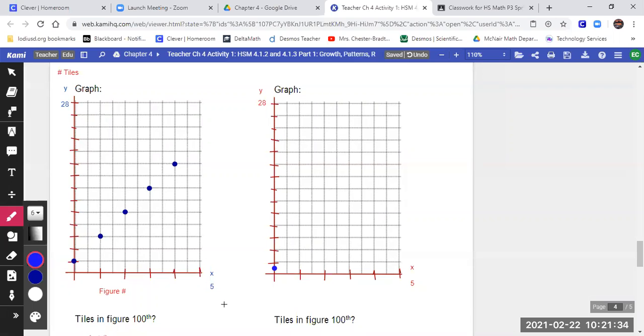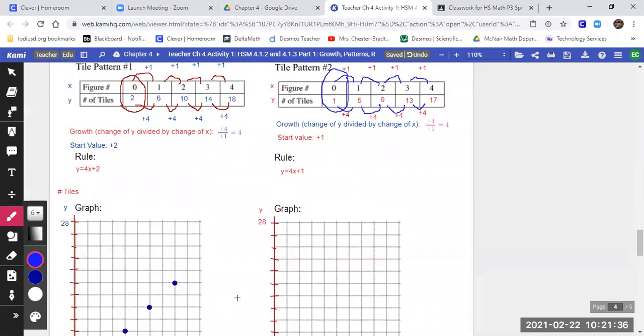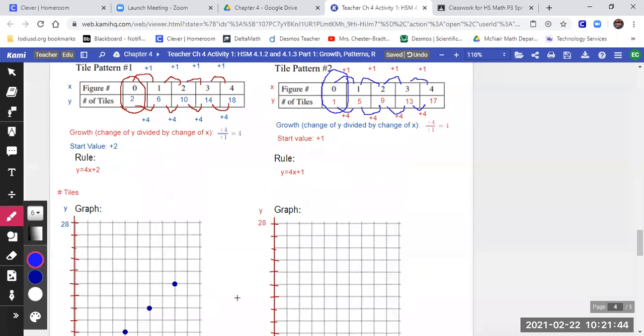Figure 1, actually, how many did we have in figure 1? Look in the table. What does it say? Five.